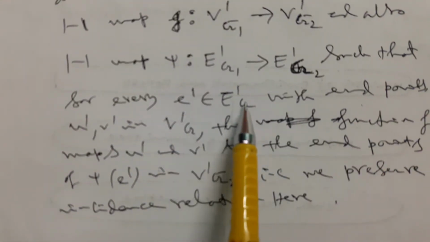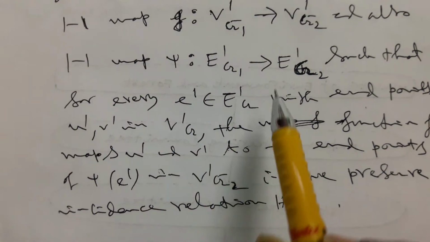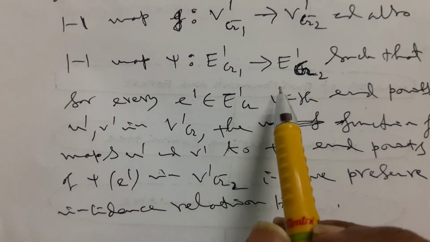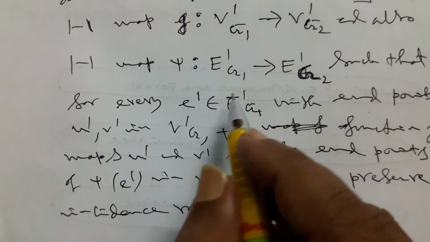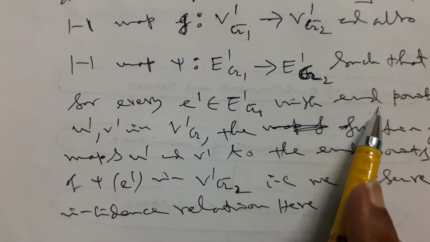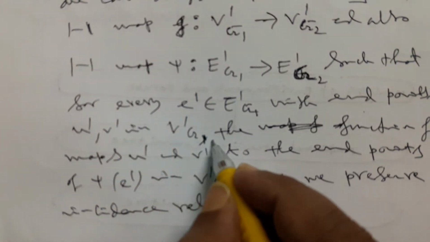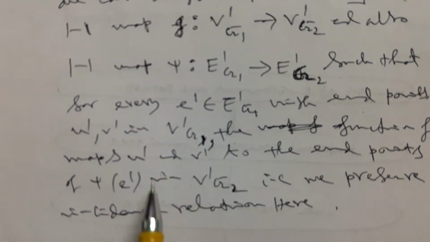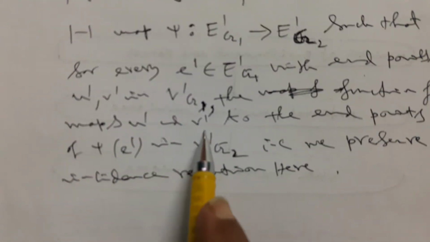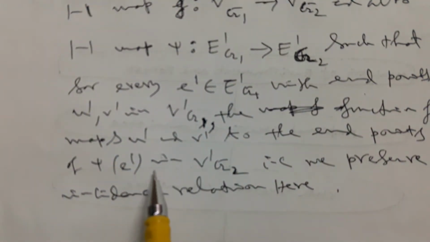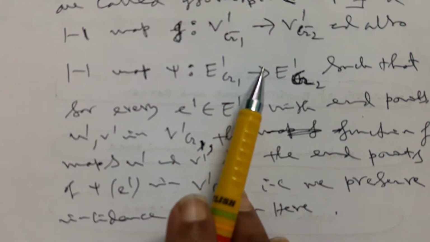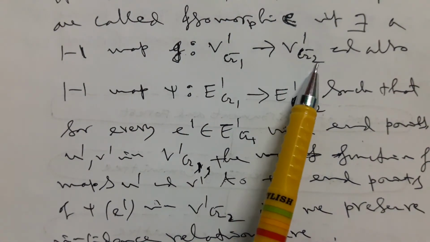For every e' belonging to E(G1') with endpoints u' v' in V(G1'), the function of u' v' gives the endpoints of psi, another mapping on E(G'), psi of e' in V(G2'). Here we find the map. That's a 1-1 correspondence, nothing but 1-1 correspondence we find. It is the main object of isomorphism of graphs.